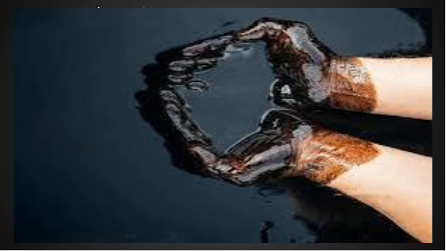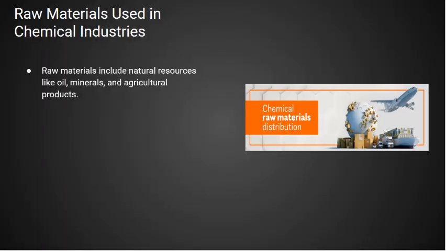So if a company or an industry wants to go into production of all these products like kerosene, the raw material they will be needing is the crude oil. Also, when we talk about plastic production, they make use of part of the petrochemicals as raw materials for the production of plastic. So we are saying that these raw materials are the starting point for manufacturing chemicals.